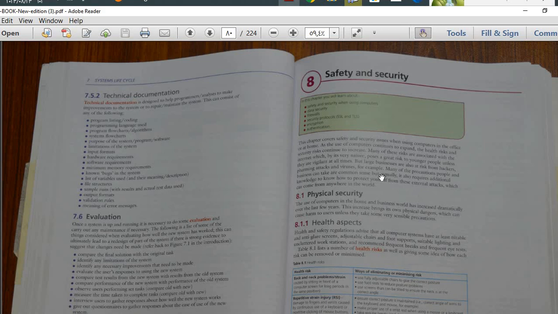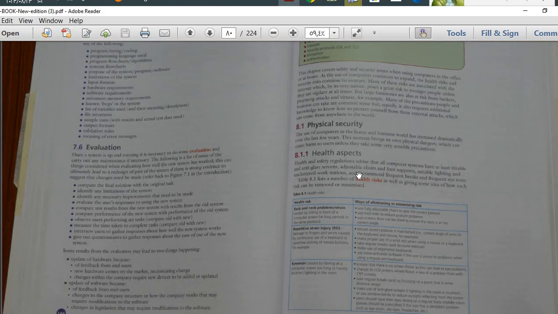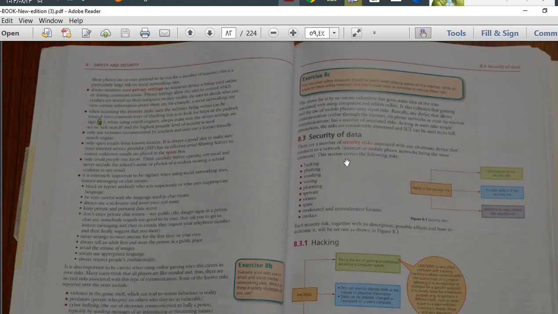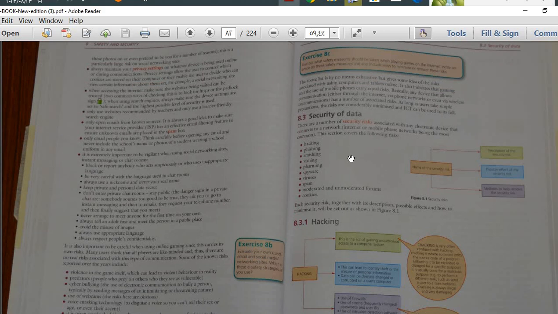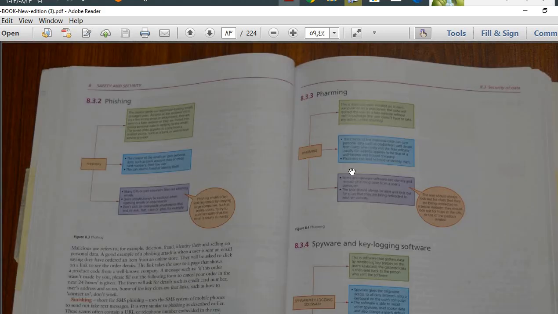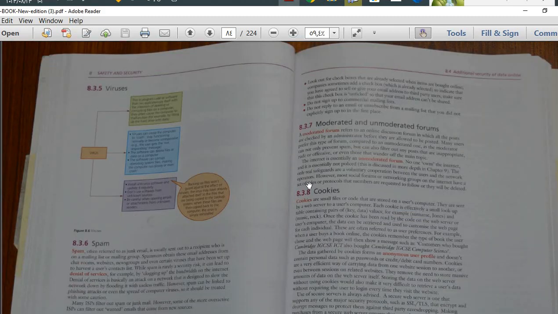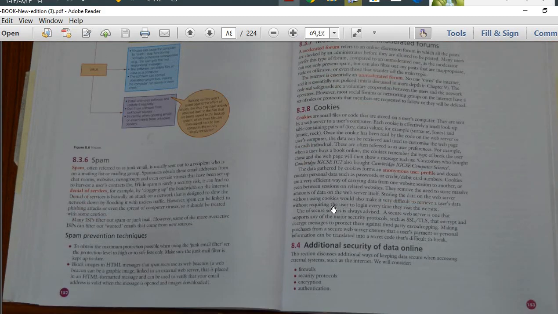In chapter 8, we will talk about safety and security, the physical security, health aspects, e-safety or electronic safety, the security of data, how we save data from hacking, from spyware and keylogging software, from cookies.